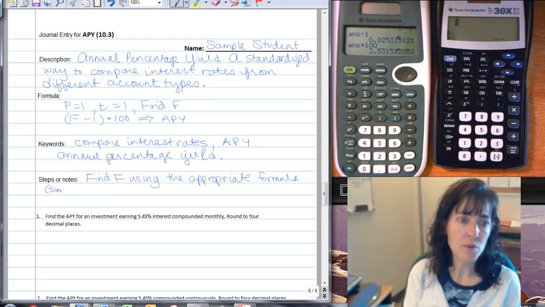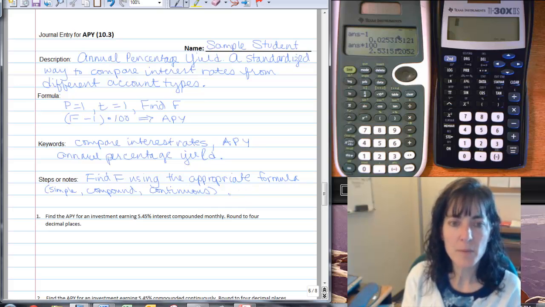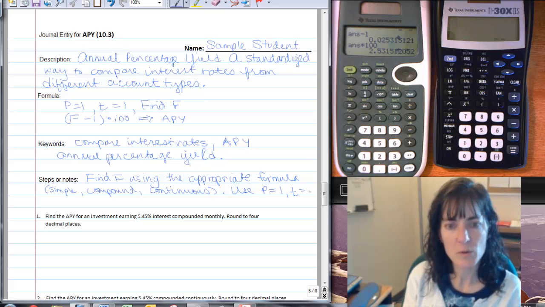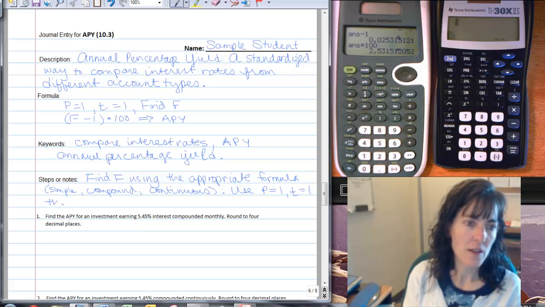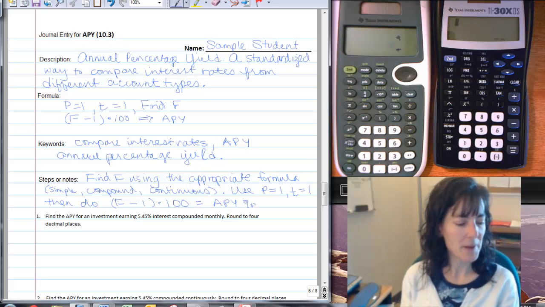So I'll say simple, compound, or continuous for the 3 types of formulas, and then use P equals 1 and T equals 1. Then do F minus 1 times 100 equals APY percent. Okay.